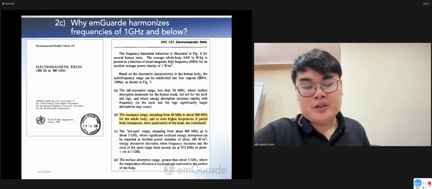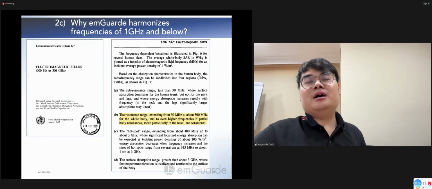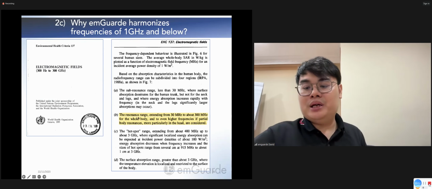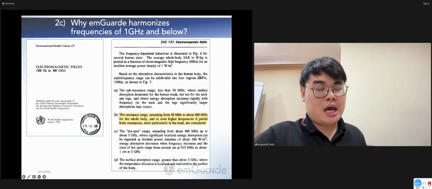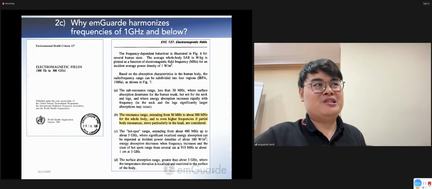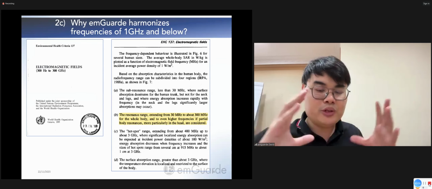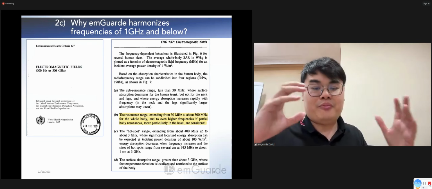Now, for your information, for those of you who have heard of this, there is one medical equipment in the hospital called the MRI, magnetic resonance imaging. If I'm not mistaken, that is the full name, so please correct me if I'm wrong.